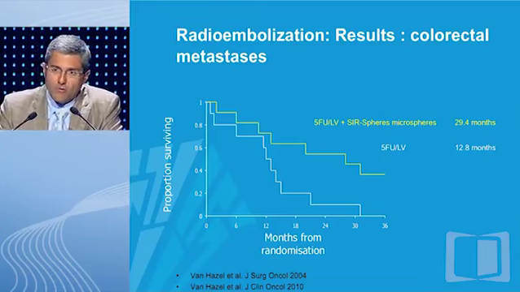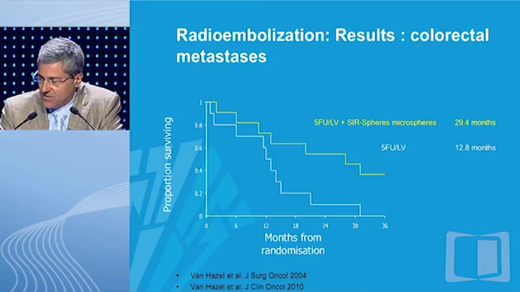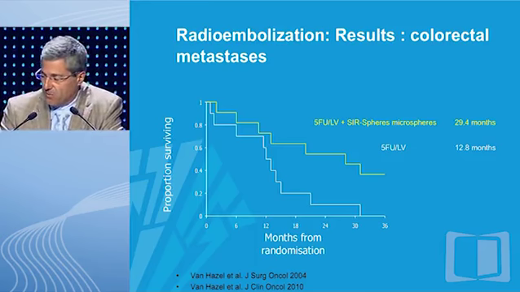There are also some older studies in Australia done as a first line. This is a study by Van Hazel, published nearly 10 years ago, where he used 5-FU as the chemotherapeutic agent, which has today become obsolete. But you can see that by adding the Y90 microspheres, you can have a significant gain in survival.